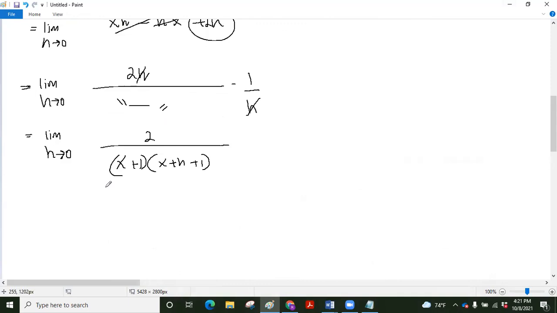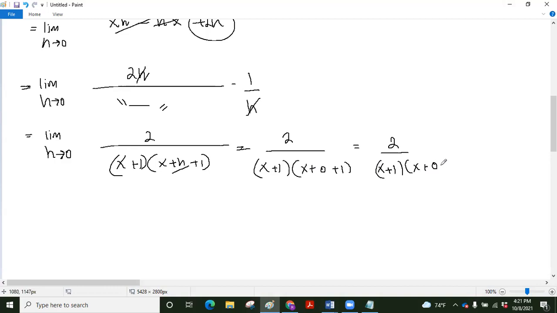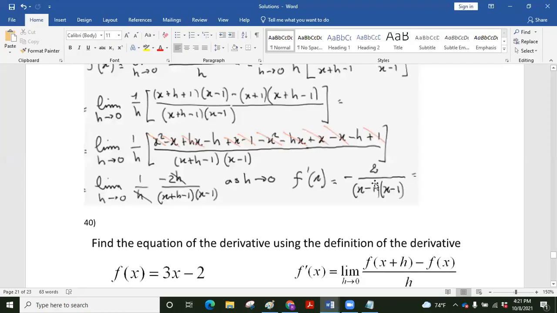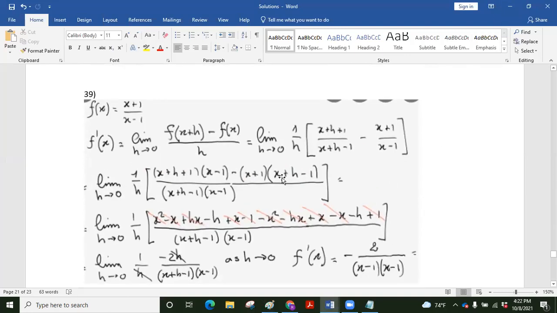But this is your derivative, or, well, you would do 2 over x plus 1, and x plus h, which is x plus 0 plus 1, which is 2 over x plus 1 squared. That's your derivative. And that would be your final answer. And they essentially left it off at this for some reason, but they could combine this. They didn't distribute their negatives properly, which is why they got a wrong answer.